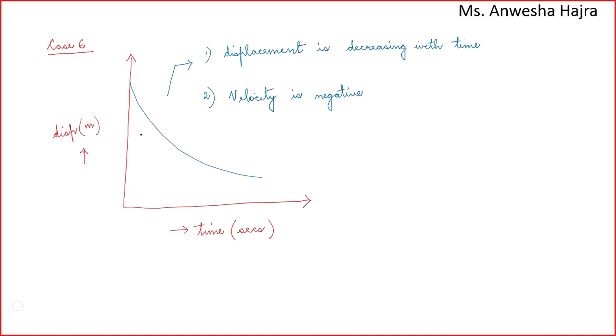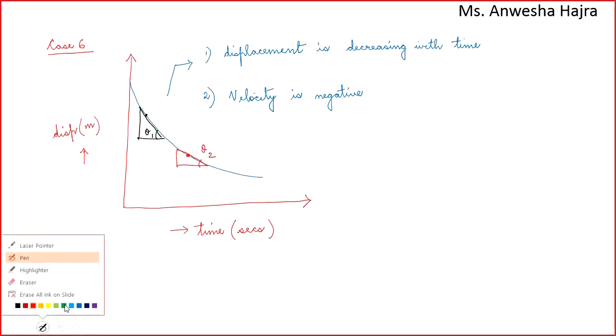Now I want to find the velocity. So here I draw a tangent. This is my angle θ1. I want to find the velocity at this point. I draw a tangent, θ2. Here I want the velocity. I draw a tangent. You can see that the angle is decreasing.